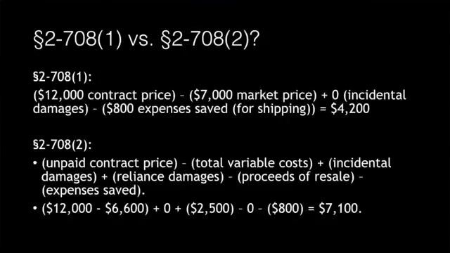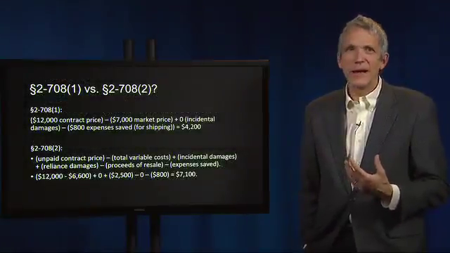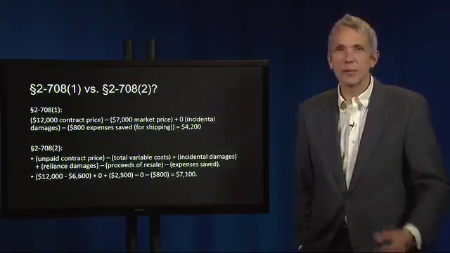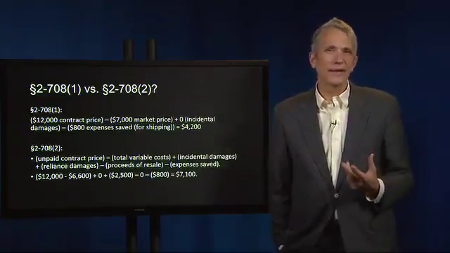They would be equal to $12,000 minus $6,600, plus 0, plus $2,500, minus 0, minus $800, which all adds up to $7,100. The first formula does not capture Smergo's expected profits, including fixed cost, nor his reliance damages.